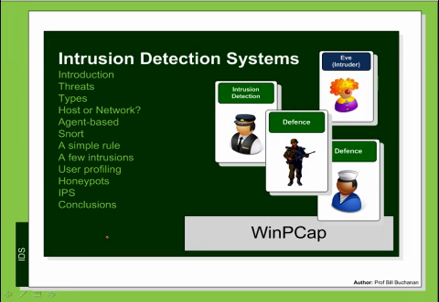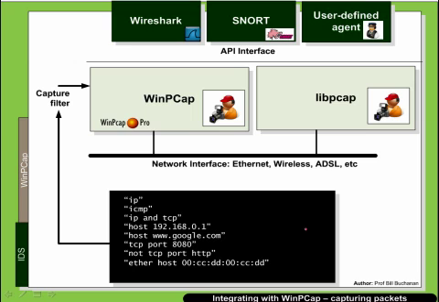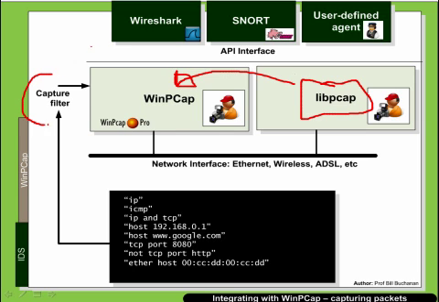The intrusion detection system itself must capture data packets, and one of the most popular methods for Windows is using the WinPcap library. WinPcap is a port of the Linux libpcap library and has been ported on to Windows. It typically uses a capture filter, which is a string to define the data packets that are to be captured.